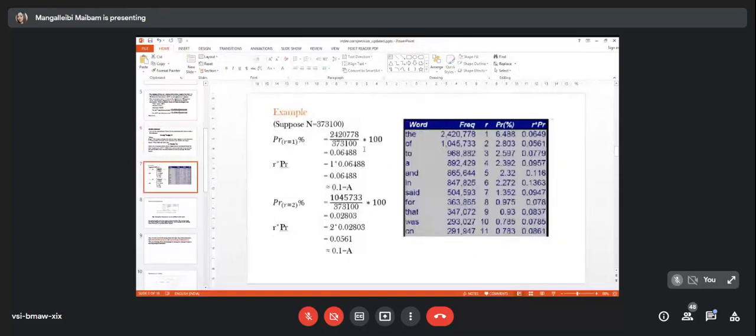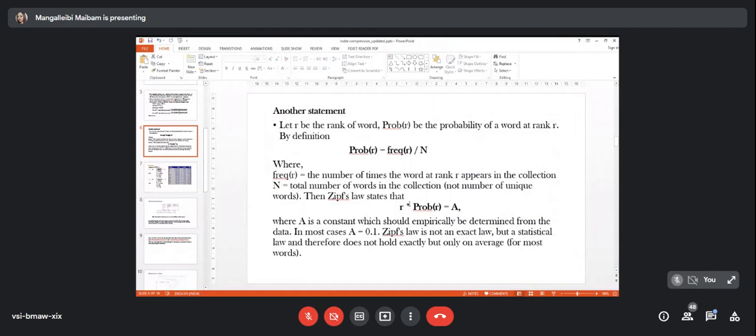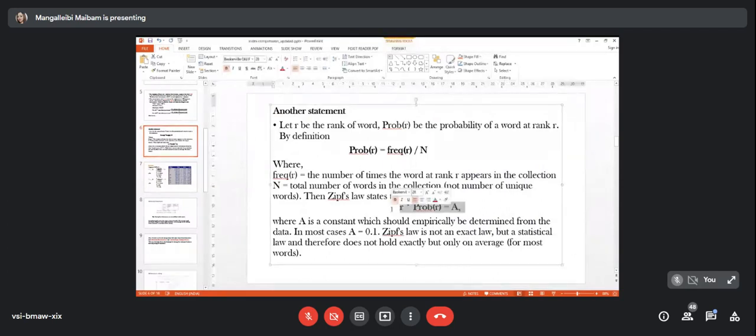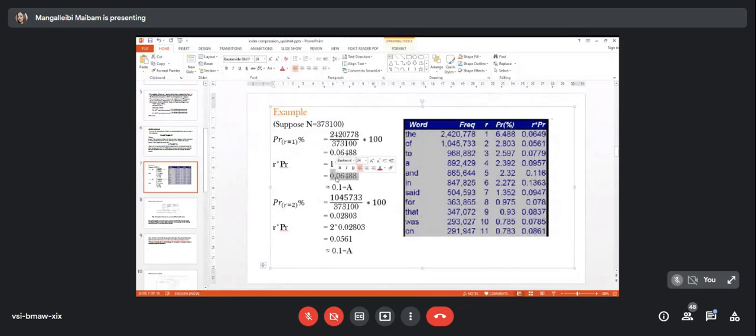Now we are finding the probability as a percentage, and this is the value we get. Then finally R times P(R), for the second statement. The result you get here will be approximately similar to 0.1.